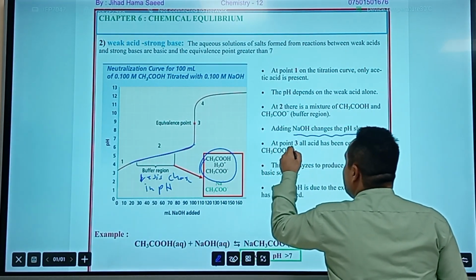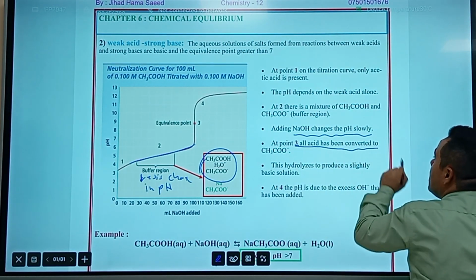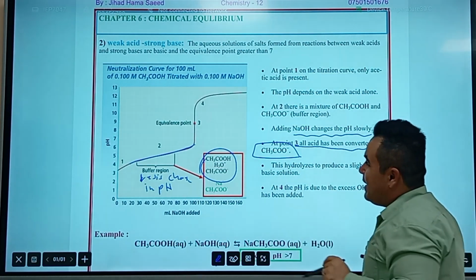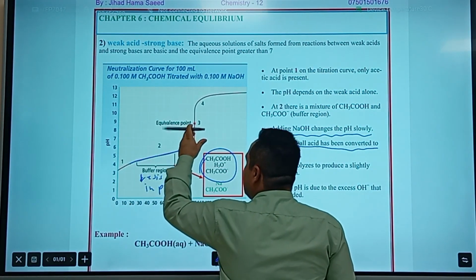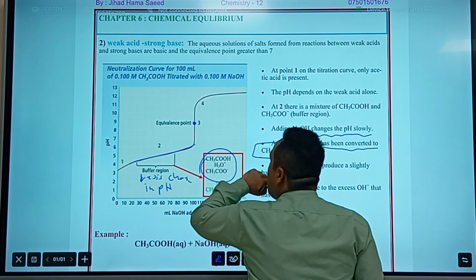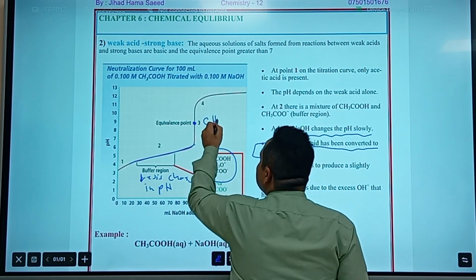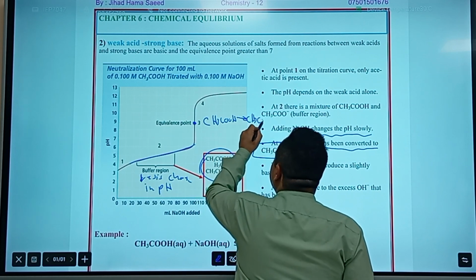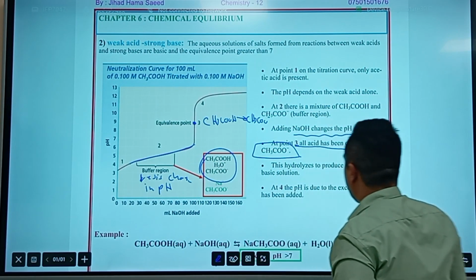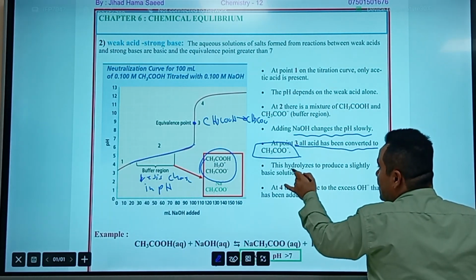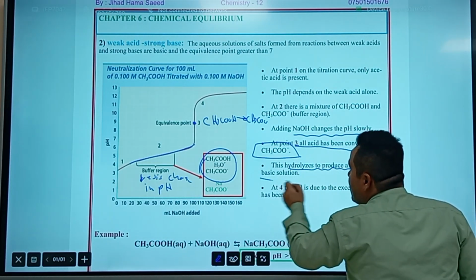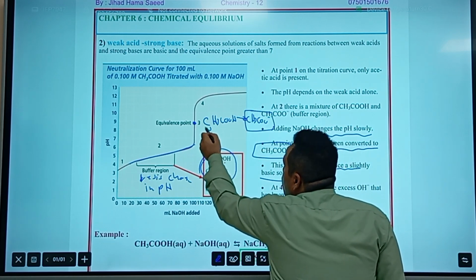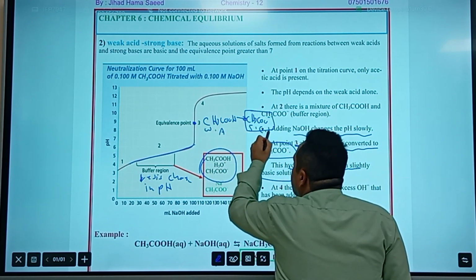But at point 3, all the acid has been converted to acetate. At this point, all of the CH3COOH is converted to acetate, and this hydrolyzes to produce a slightly basic solution. As you can see, guys, we have a weak acid and a strong conjugate base.